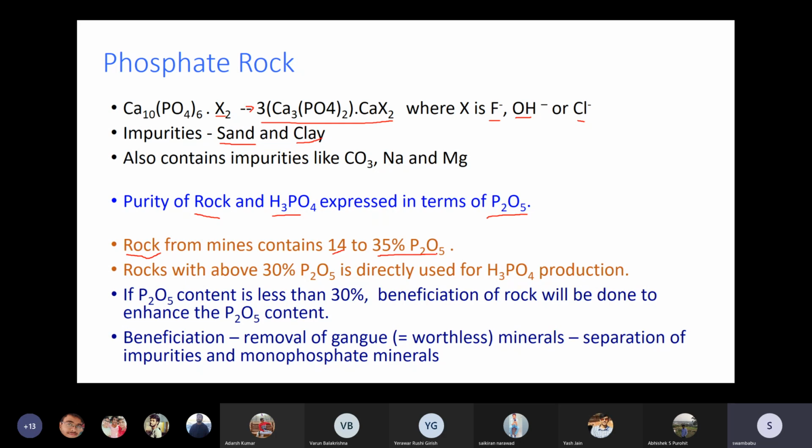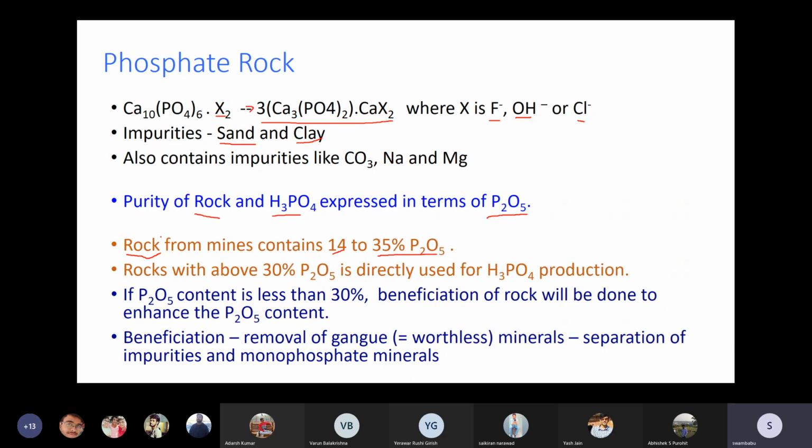If you take any phosphate rock, whatever is available across the globe, when the purity is expressed in terms of P2O5, it varies from 14 to 35%.